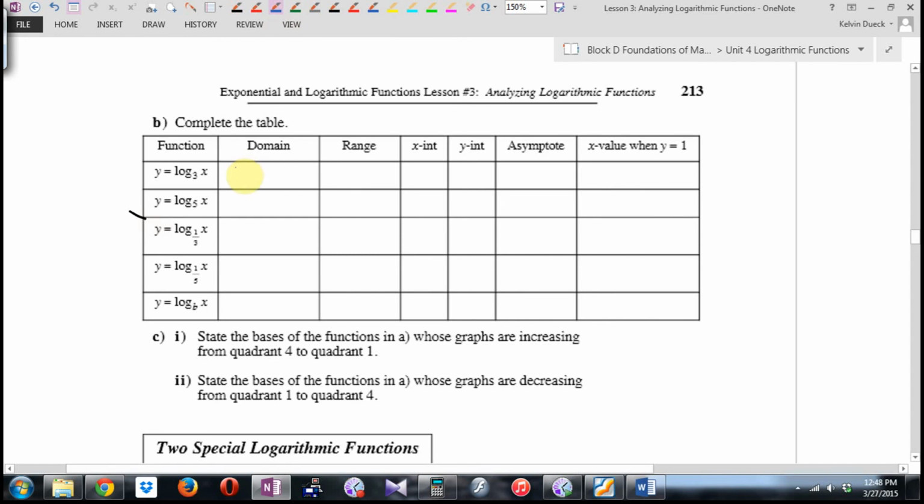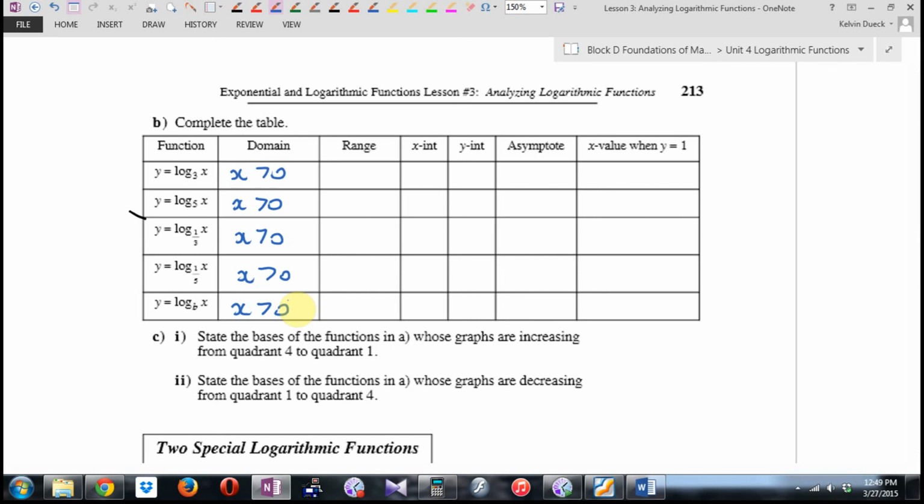Everything has a domain that is always to the right of the y-axis. Because these are log graphs, every log graph has a range of all reals.